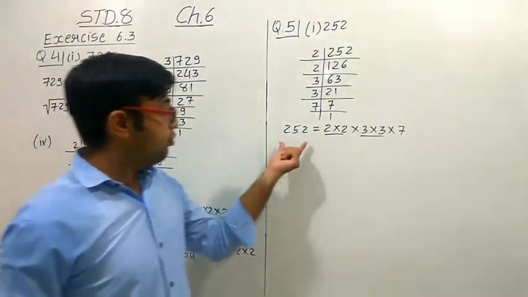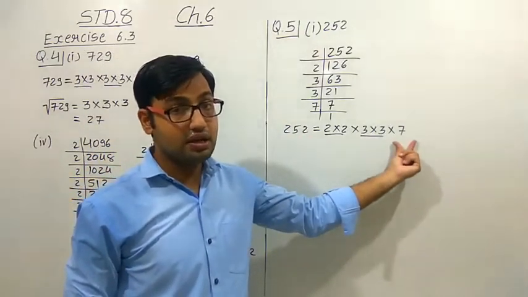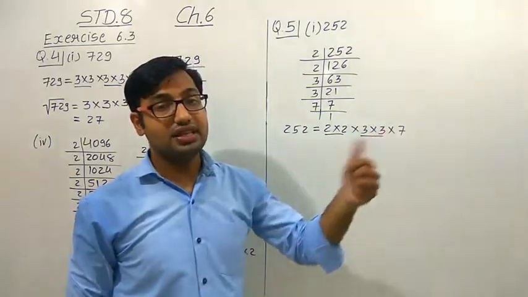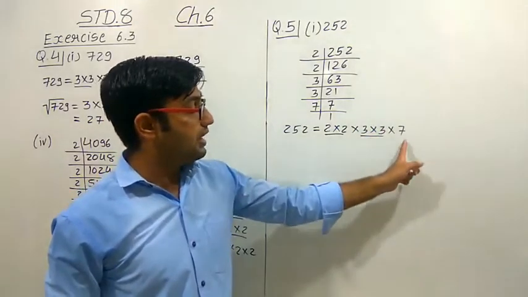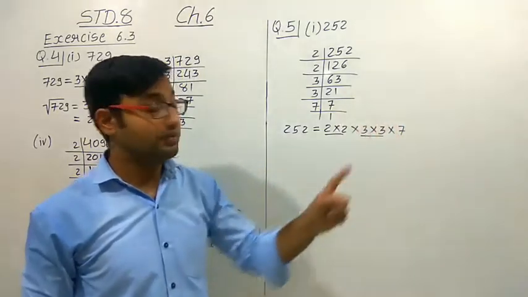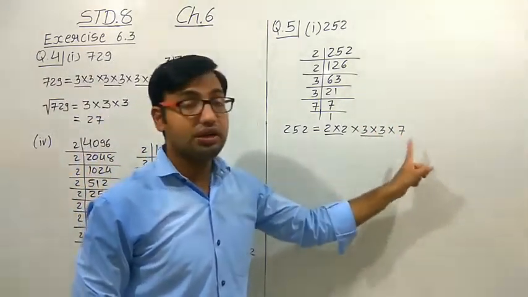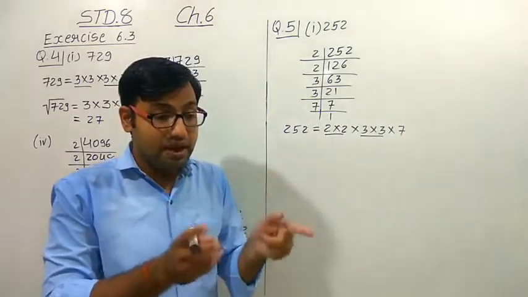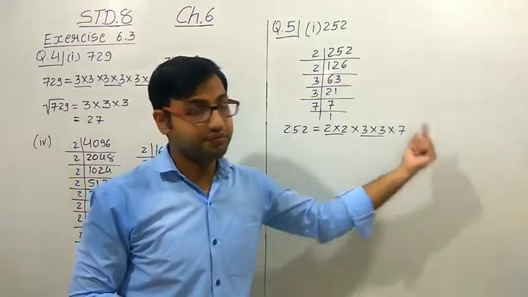So if we want to make this number a perfect square number, 7 is here, but the second factor of 7 is not here. So we have to multiply this number with 7. When we multiply this number with 7, we get another 7 here, so that we can make one pair of 7 7.